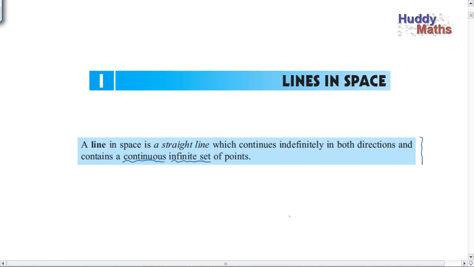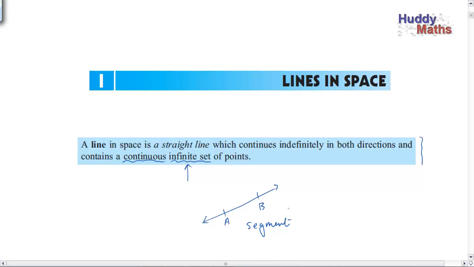Okay, and what I'd like to just mention now, going back to the idea of ratio of division, just keep in mind when we say the line AB, we mean really the line segment. And this is covered by this definition here. It's an infinite set of points that continues in both directions. So it's not just a line segment.